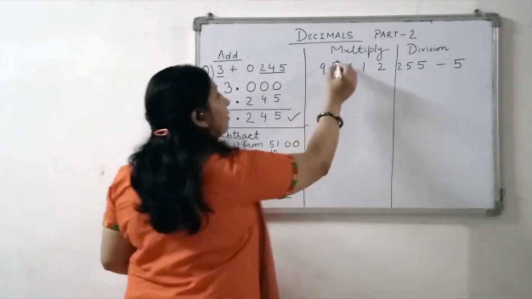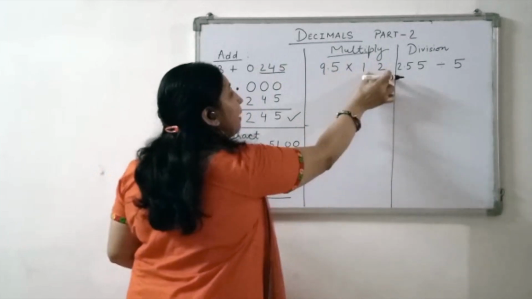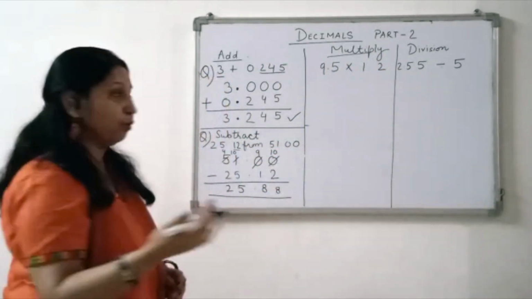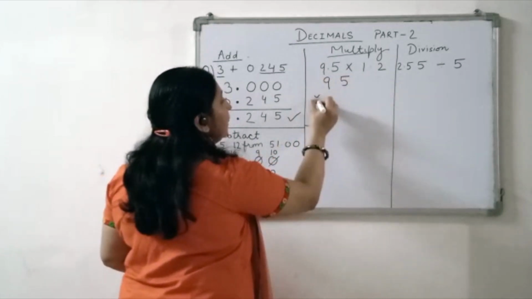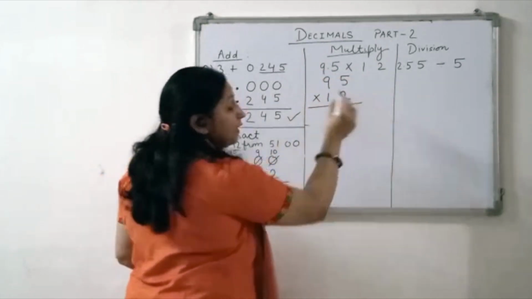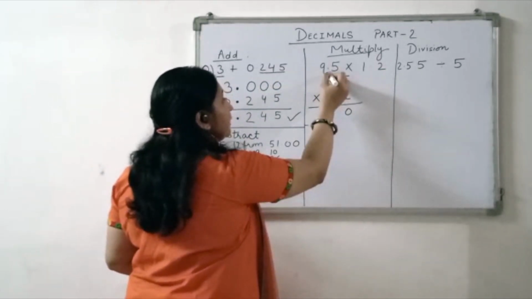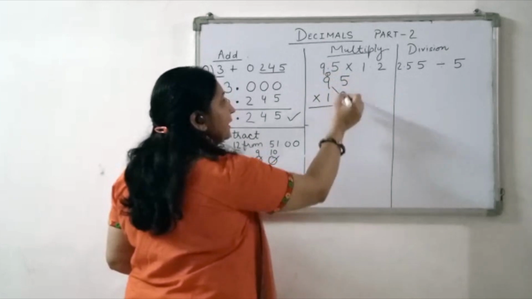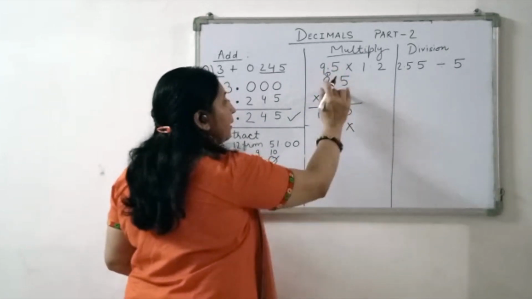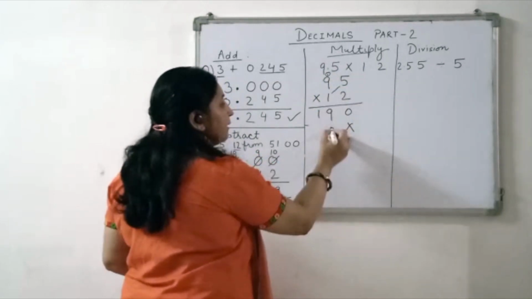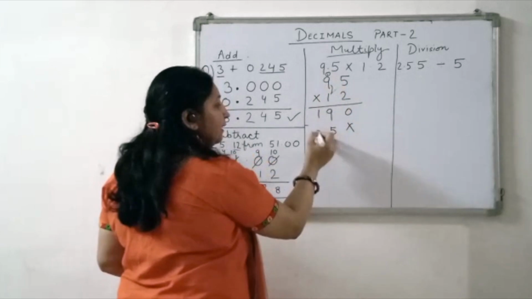Now coming to the multiplication part. Here 9.5 is to be multiplied by 1.2. But how? Always remember, without the decimal you take the multiplication first, the way you normally do. So 5 2s are 10. 9 2s are 18, 18 plus 1, 19. Now 5 1s are 5 and 9 1s are 9.